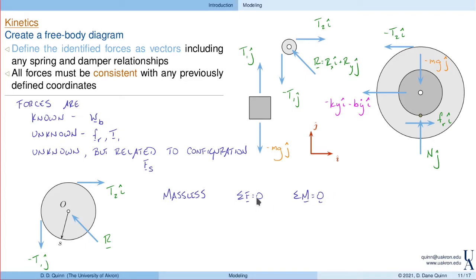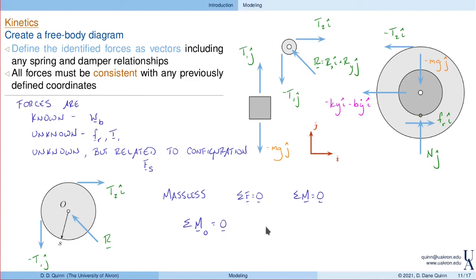This reduces to a statics problem. Note that the pulley's not rotating. It is, but because its mass is 0, its rotational inertia is 0, which makes the right-hand side equal 0. So now, looking at angular momentum balance about O, the center of this pulley, and let's assume that the pulley has radius s. Doesn't really matter what s is in this case.